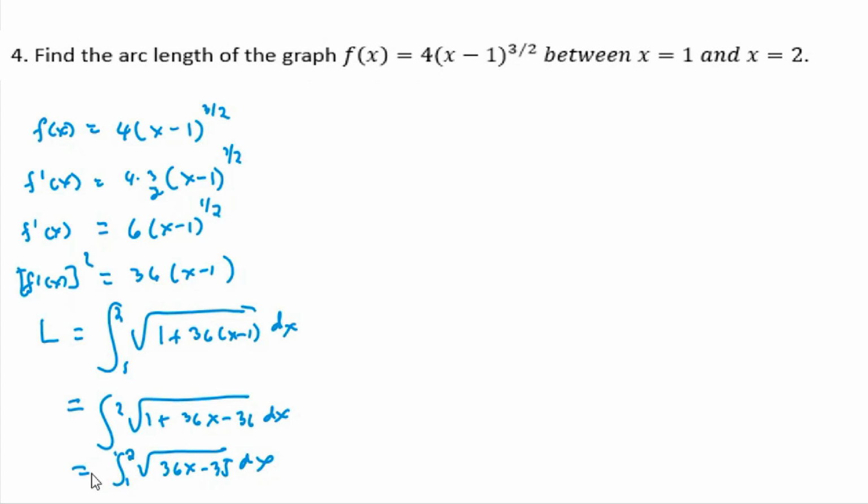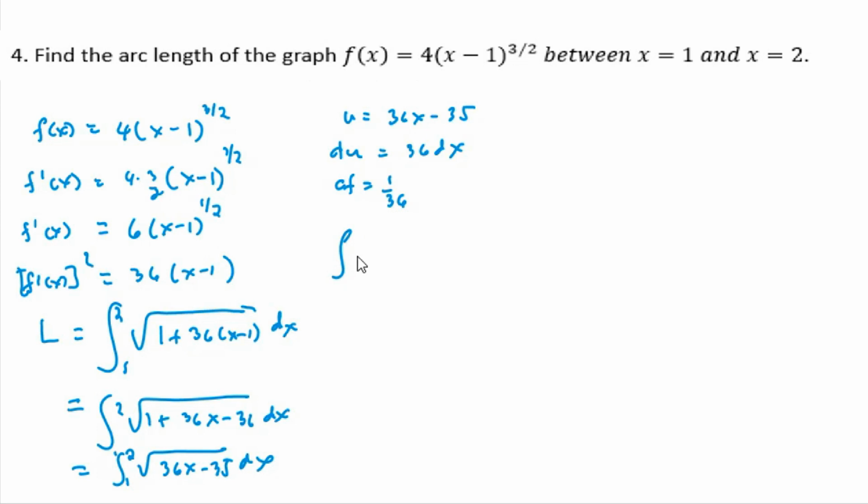So from there, integrating this, I will let u equal 36x minus 35. So du becomes 36 dx, but we only have dx there, therefore we have a coefficient factor of 1 over 36.